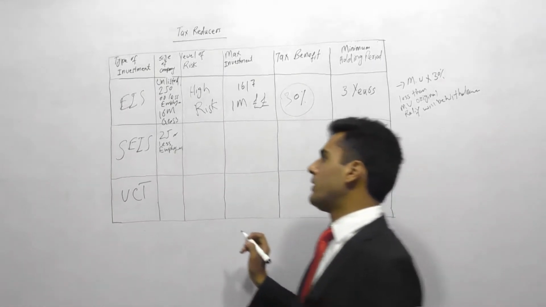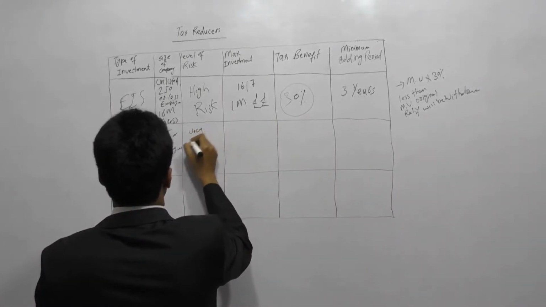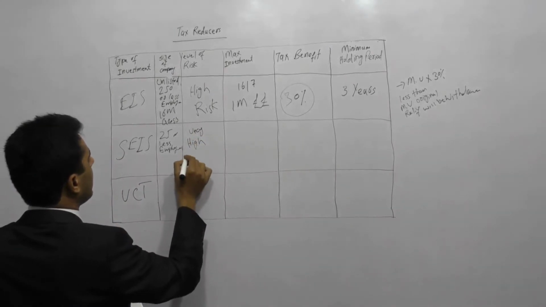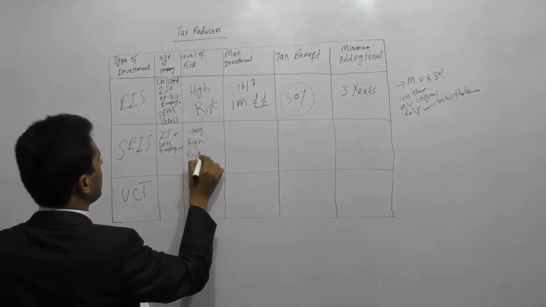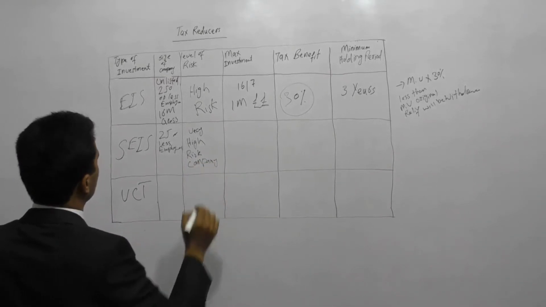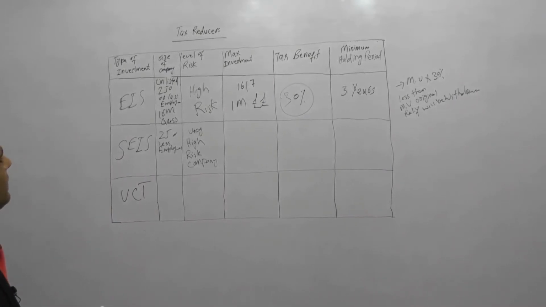So let's go ahead and put this one here, that this is a very high risk company. Although the earlier one was a risky company, this is a very high risk company.